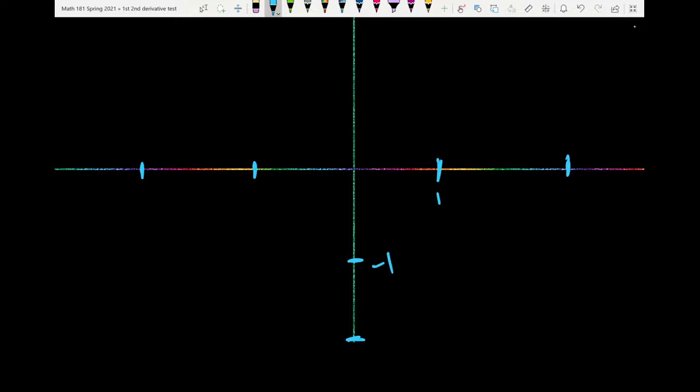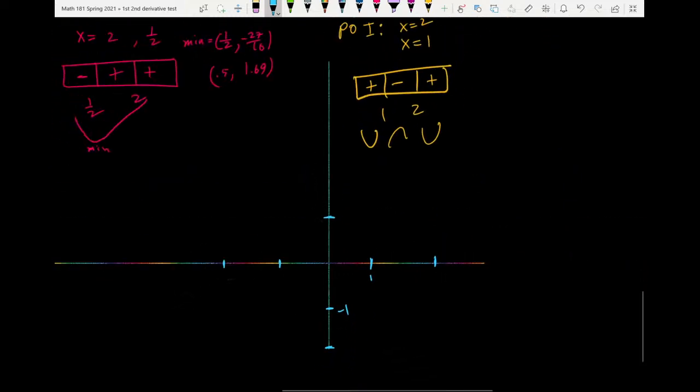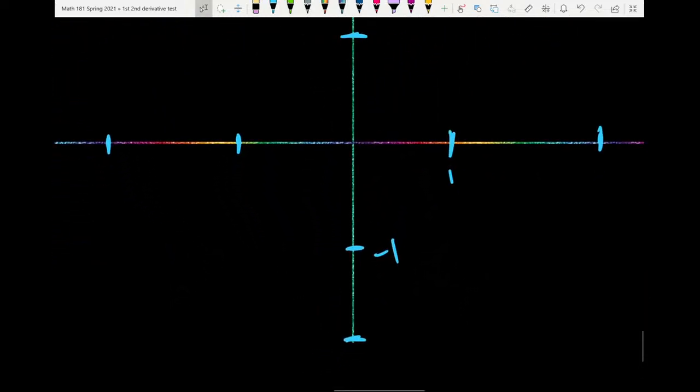So 1, negative 1. So right away, we know the minimum is, what do we say? 0.5, negative 1.69, somewhere over here. That's the minimum.